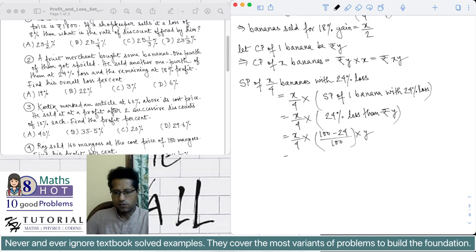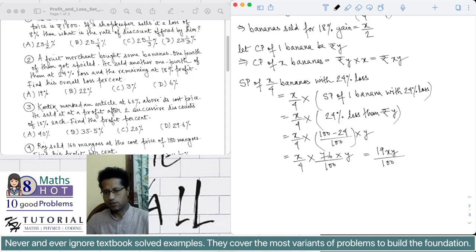This is equal to x by 4 multiplied by 76 by 100 multiplied by y. With a little cancellation, 4 divides 76 with 19. So this is 19xy divided by 100.